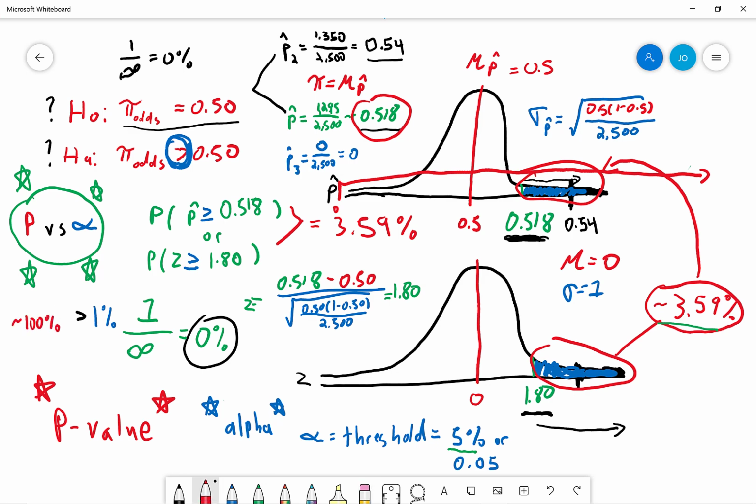Should we support that the proportion of throwing an odd number is 50% when we received 0 odd rolls out of 2,500 attempts? No, that's probably insane for us to support that it's 50-50. Yet we have a p-value of 100. Just because you have a big p-value does not mean you should support HO.